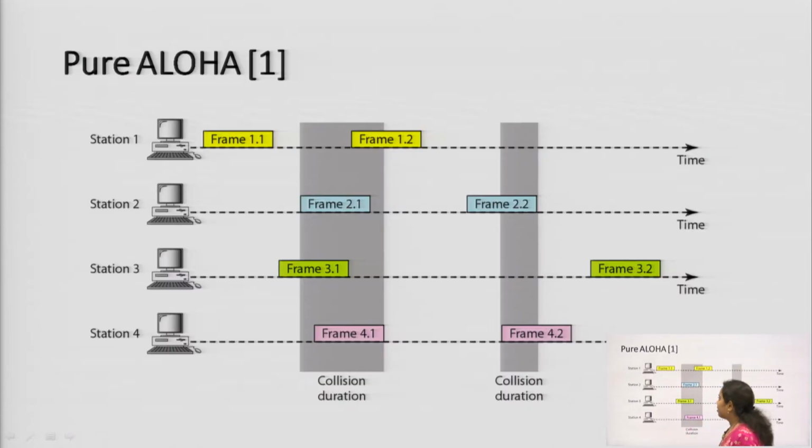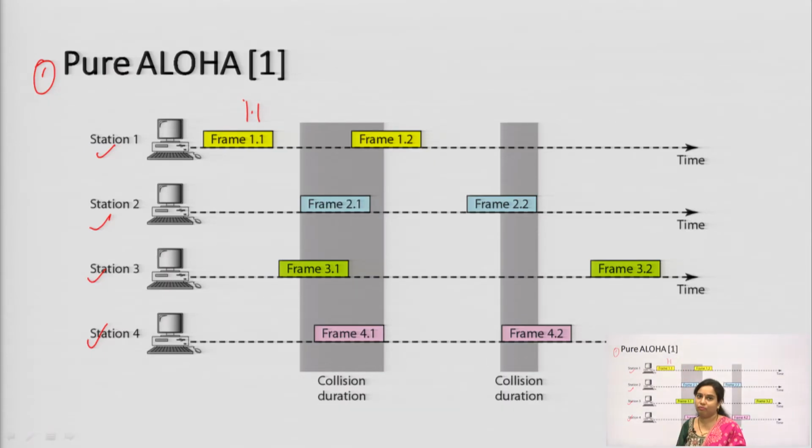So, this is the first kind of ALOHA that we have seen, and there are 4 different users connected in this network, denoted by stations. This is station 1, then station 2, station 3 and station 4. So, 4 stations are there. These are going to transmit the data in the form of frames. Since this frame is related to the first station, it is written as 1.1, nothing very specific about it.